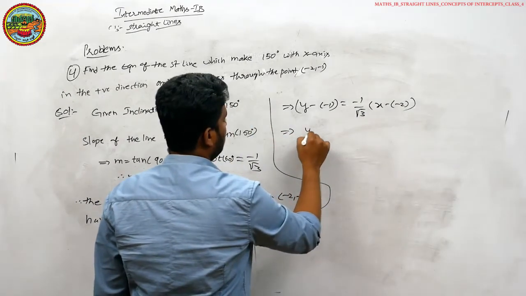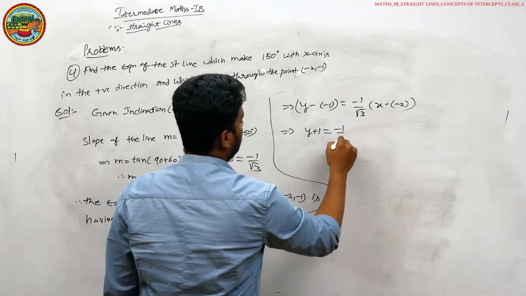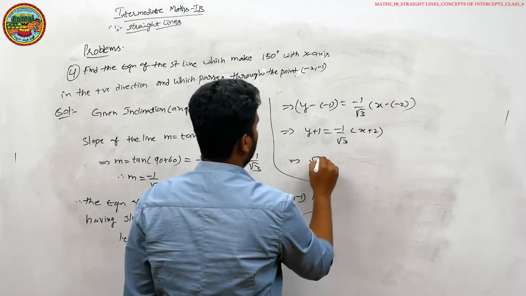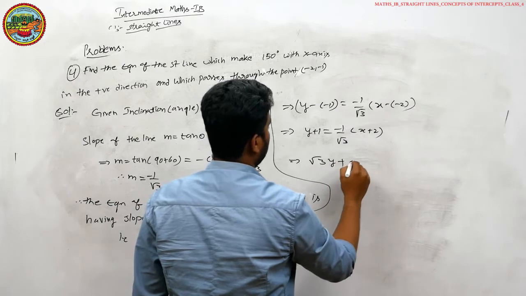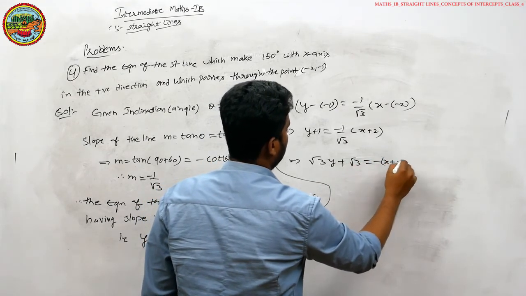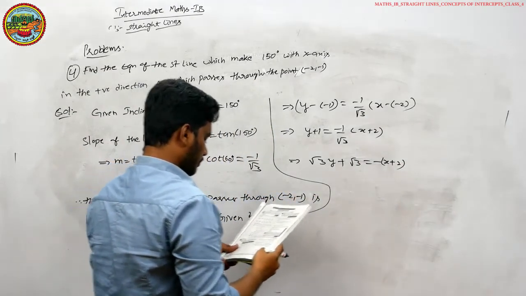So y plus 1 is equal to minus 1 by root 3 into x plus 2, so root 3 into y plus root 3 is equal to minus of x plus 2.